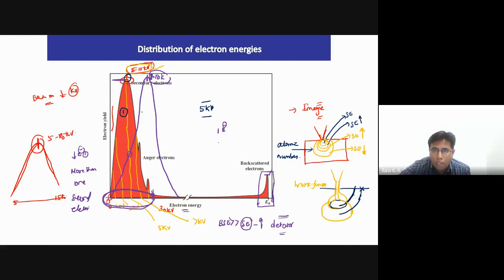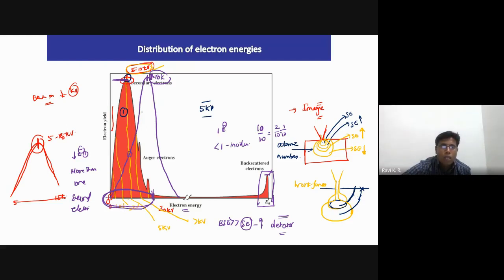So the backscatter yield must always be less than one per incident electron. Let's say the incident electrons number 10; at the maximum, if all the incident electrons come out, you can have 10. In general, the outcome is that the electrons coming out may be around 2 out of 10 or maybe 1 out of 10. That is the reason why this difference is there.